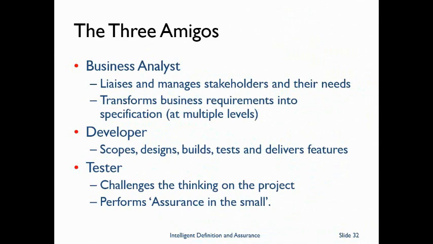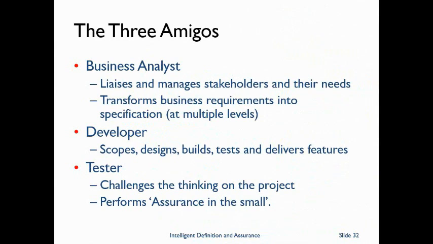Now, this might be at the requirements level, but it might also be the stories and scenarios level. The developer clearly does all the technical work. They assist with the scoping of the stories, and clearly they are best placed to identify the scope of individual features, but they design, build, test, and deliver functionality through features.